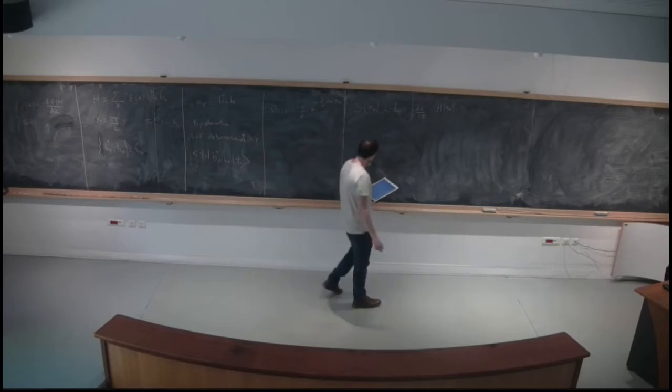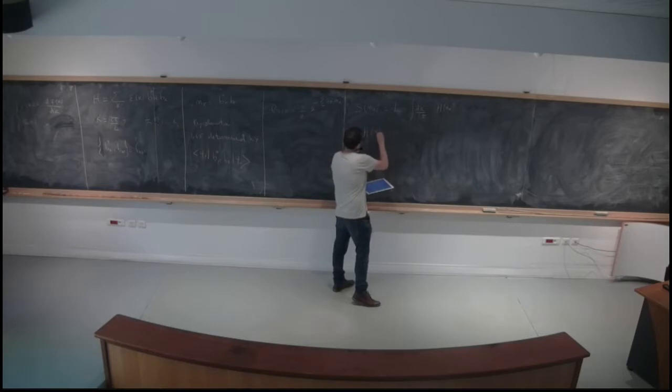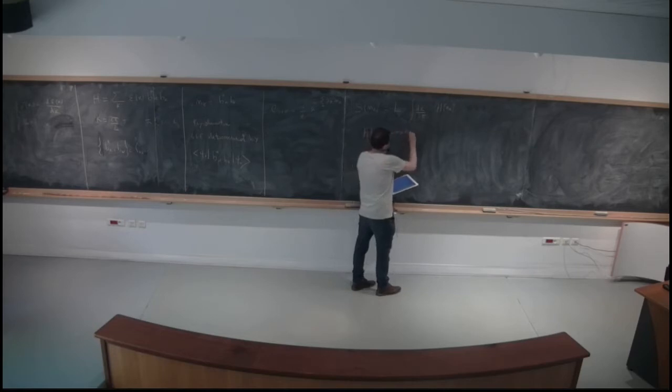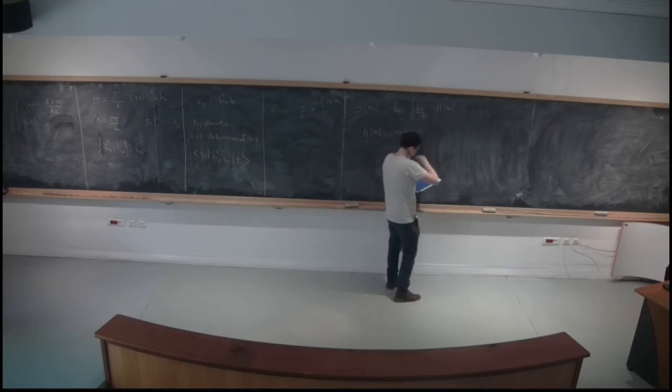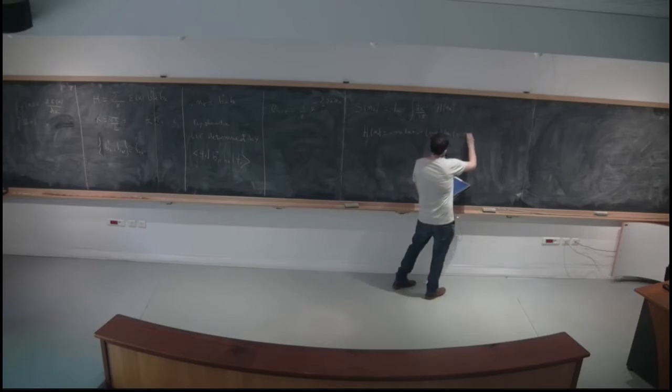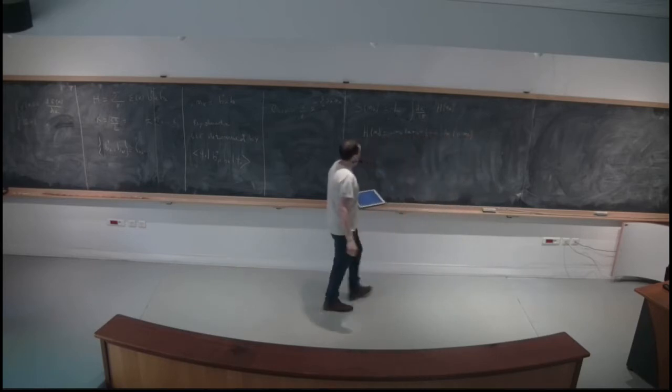This function h has a very simple form for free fermions. h of n_k is equal to minus n_k logarithm of n_k, minus (1 minus n_k) logarithm of (1 minus n_k). So this is the function.